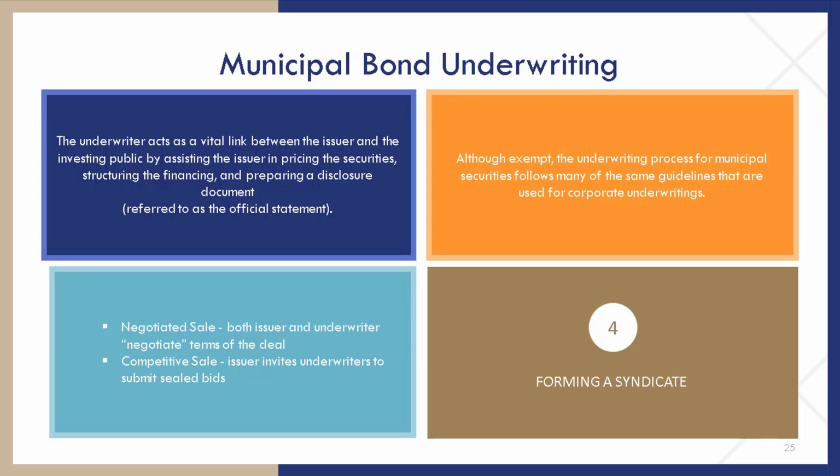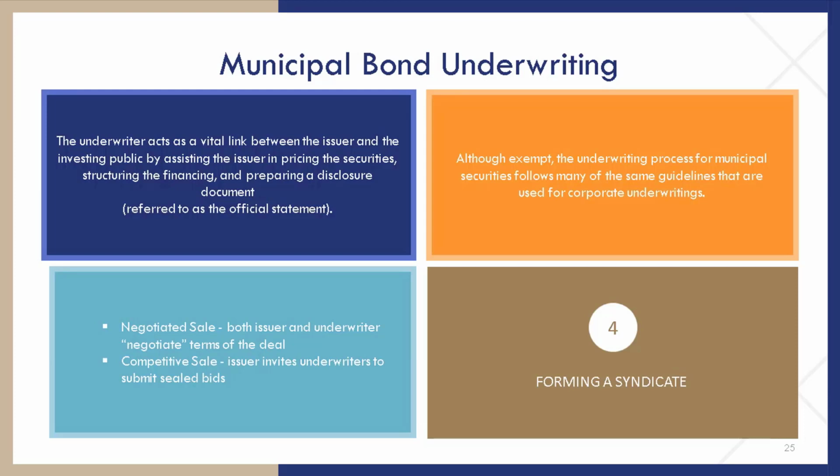With a negotiated method of underwriting, the issuer, let's say the state or city, will select investment bankers to work with. So they're not opening it up to competitive bidding, although they may interview several different banks, and they will select underwriters to work with.